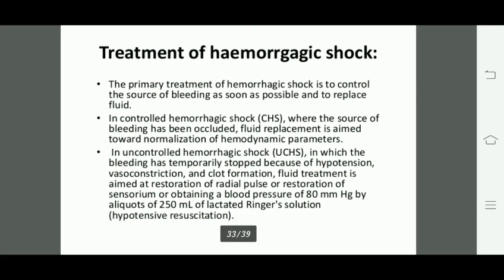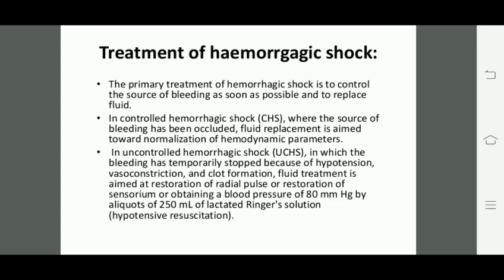Next is treatment of hemorrhagic shock. The primary treatment of hemorrhagic shock is to control the source of bleeding as soon as possible and to replace fluid. In controlled hemorrhagic shock, where the source of bleeding has been occluded, fluid replacement is aimed towards normalization of hemodynamic parameters.